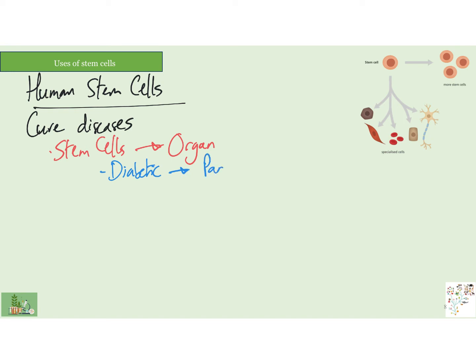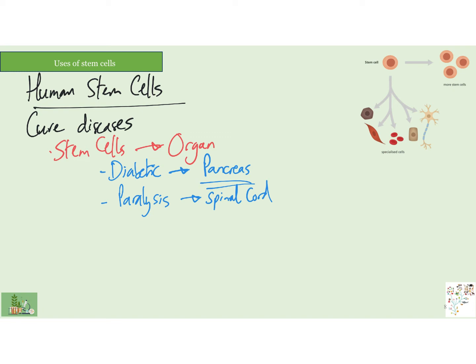We could use stem cells to create them a new pancreas. Say for instance somebody was paralysed, which means their spinal cord has been severed and they can no longer walk, and some people obviously can't walk or actually even use their arms. We could then use stem cells to regrow part of their spinal cord, which would cure paralysis.